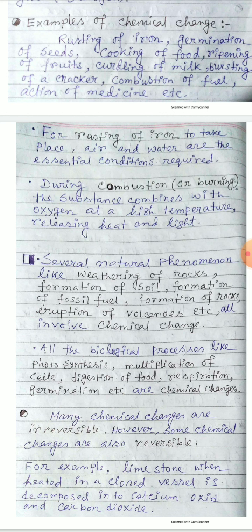This coating is called rust, and the process of its formation is called rusting. During combustion or burning, the substance combines with oxygen at high temperature, releasing heat and light.